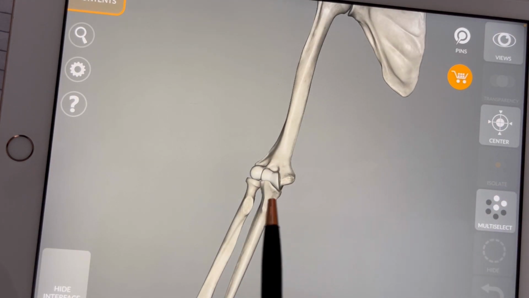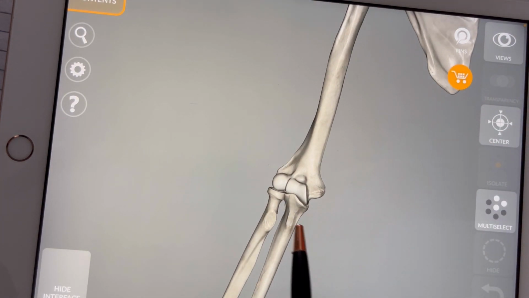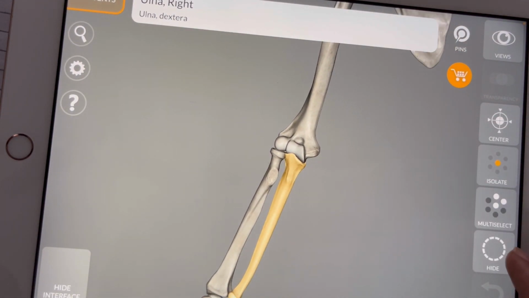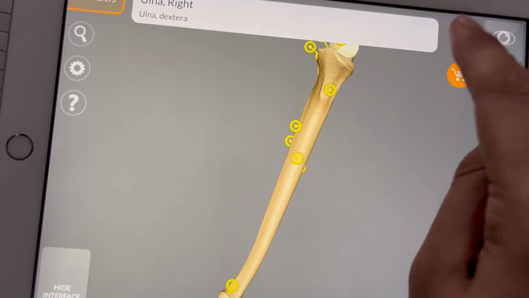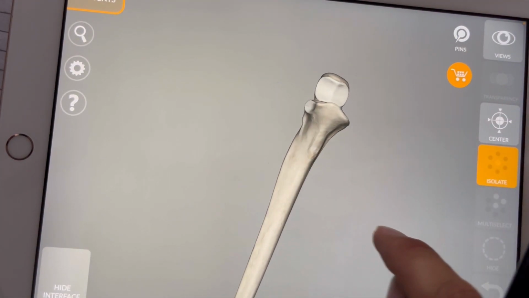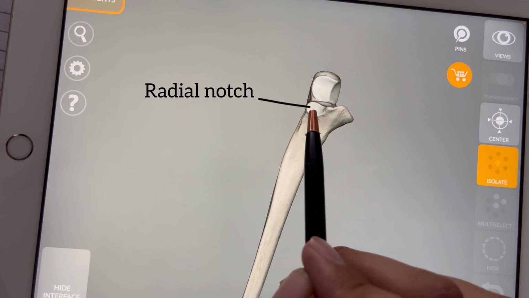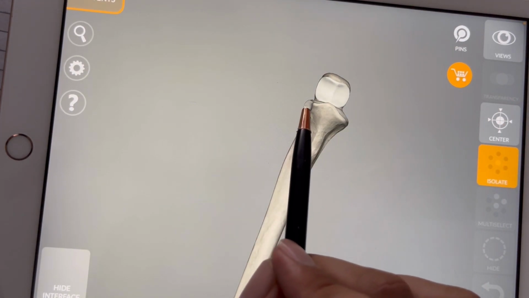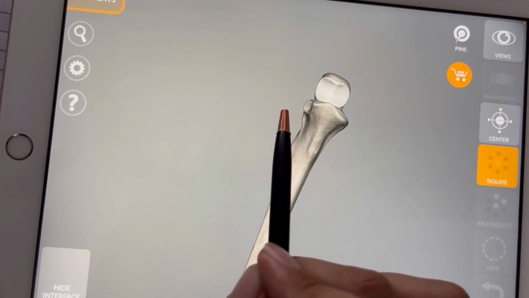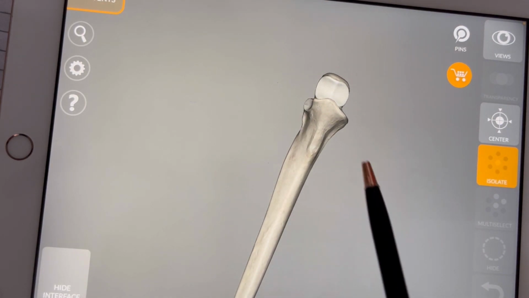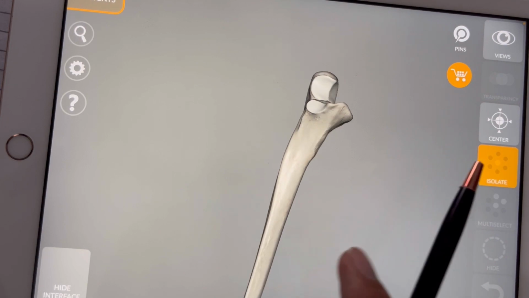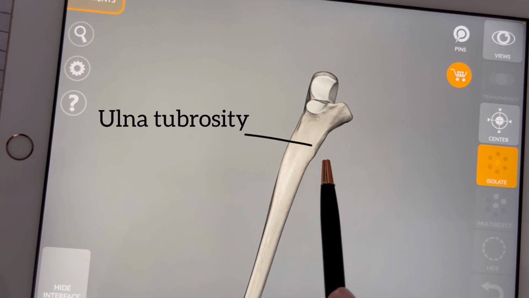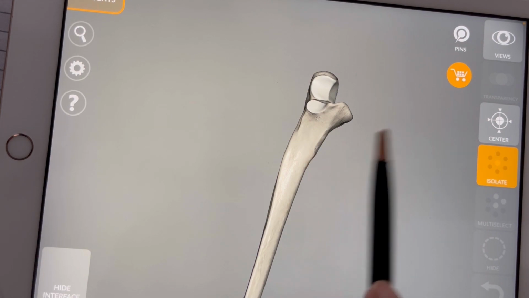While anteriorly this is the coronoid process. Now students, laterally this depression here is called the radial notch. Here it articulates with the head of the radius bone. Now moving distally, this slight rough elevation here is called the ulnar tuberosity.